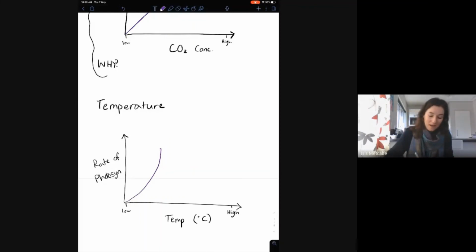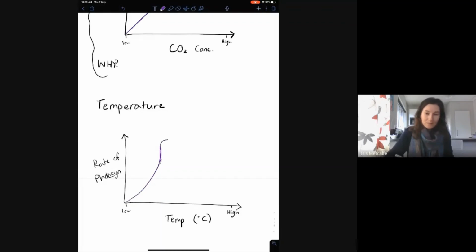And so the same thing happens in plants. And next year you learn all about the little enzymes and molecules and things that actually control this. But so as you increase the temperature, the rate of photosynthesis is going to increase.